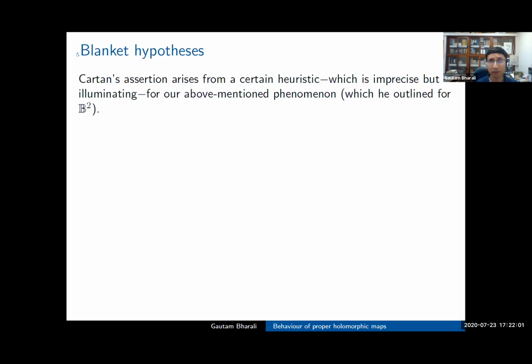That assertion arises from a certain heuristic. By a heuristic, I mean a collection of, on the face of it, somewhat imprecise principles, which can be made precise and which lead to proofs of the phenomenon that I want to talk about.